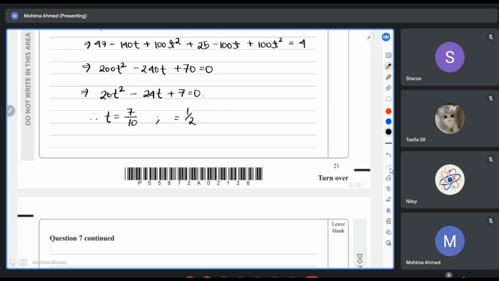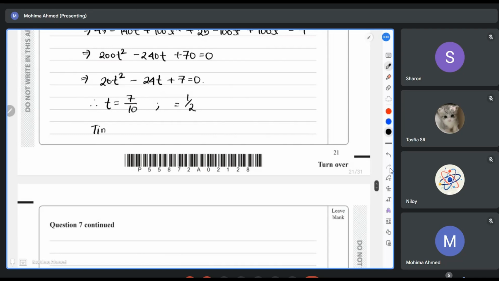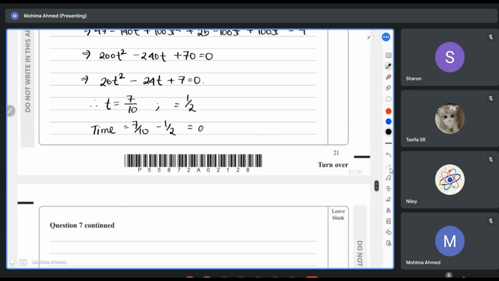So we just have to find the difference between these two values, which is 7 by 10 minus 1 by 2. So you have 0.2 hour, my mistake. Now, you can express this as an hour or better in minutes.